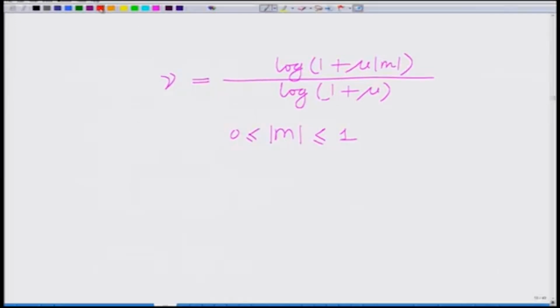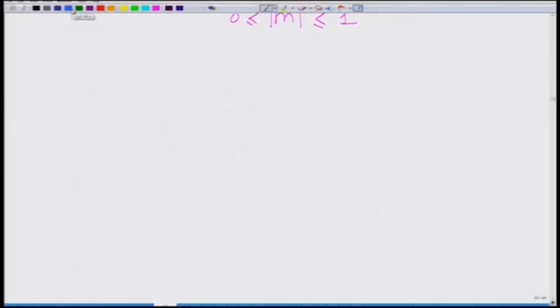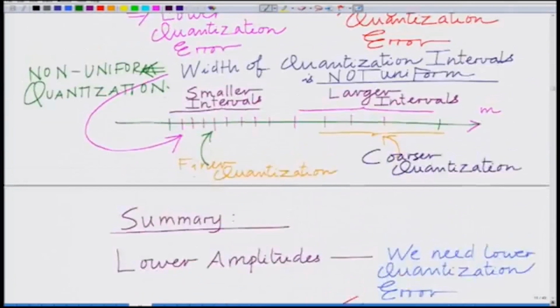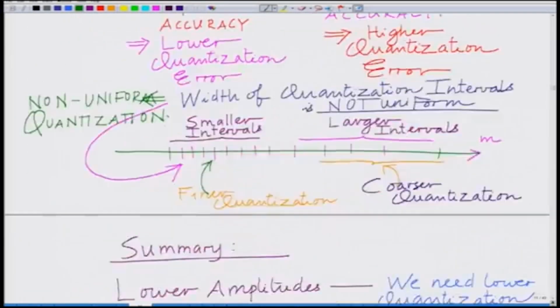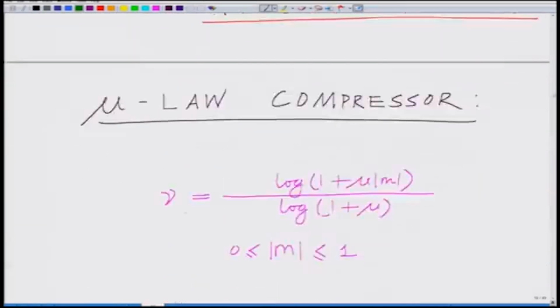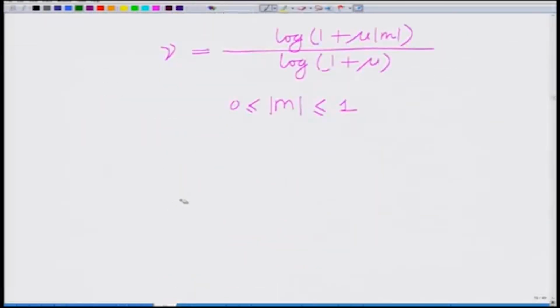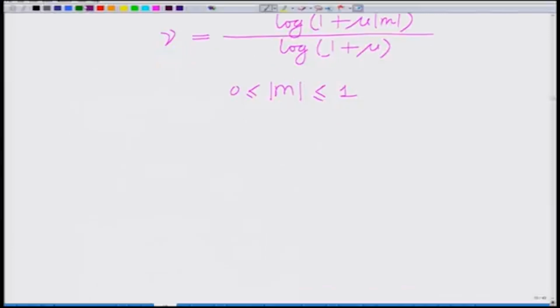Okay. So if we plot the mu law compressor, this is log of 1 plus mu m. Now, of course, at m equal to 0 it is not defined, but as m tends to 0, it tends to 0, correct.